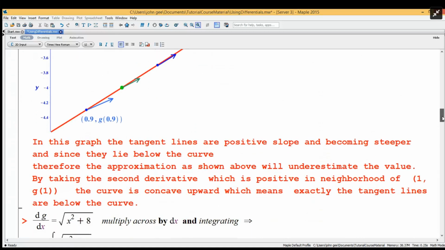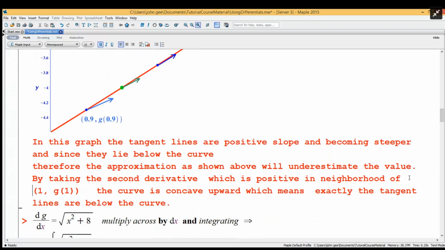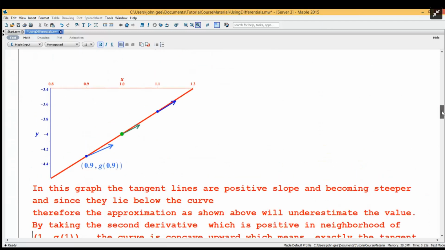And like I said, the second derivative is positive in the neighborhood of x equals 1, so the curve is concave upward. A little later in first semester calculus, we see the utility of the second derivative in determining whether a curve is concave up or concave down. Concave up means exactly that the tangent lines are below the curve. So let's put this one here.